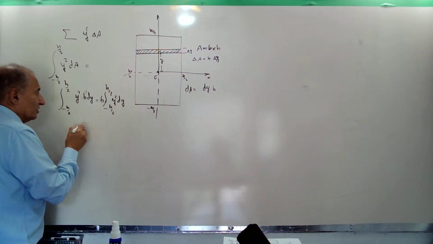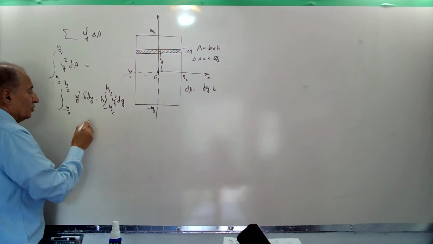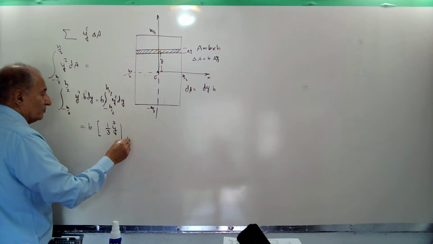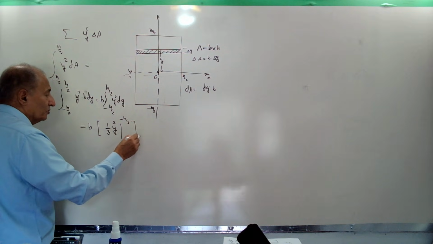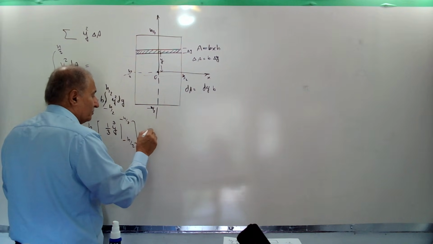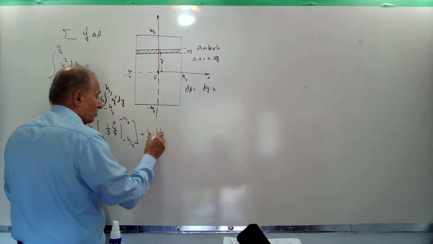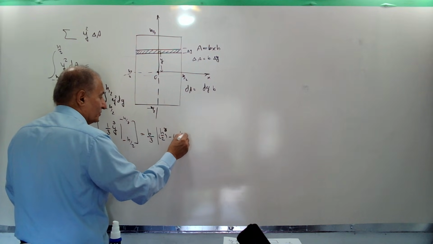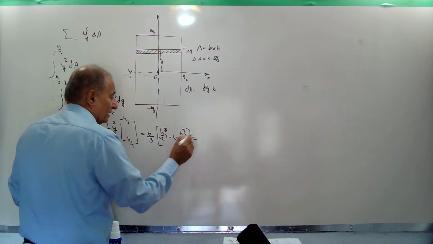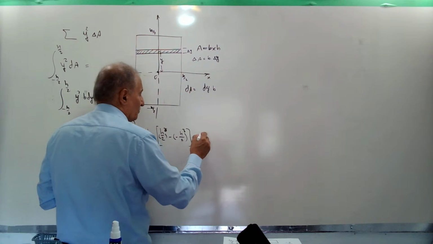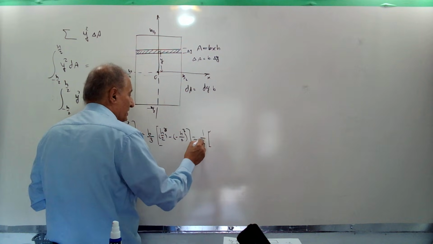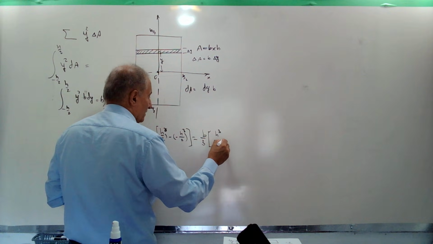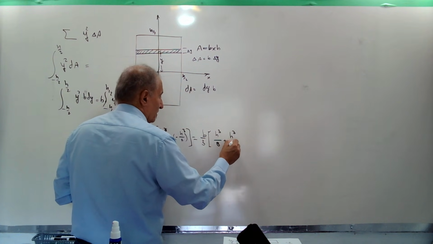And you know the integration of y squared dy is equal to 1/3 of y cubed, evaluated from minus h over 2 to h over 2. Then b over 3 times (h over 2) cubed minus (minus h over 2) cubed, and this is equal to 1/3 of b times h cubed over 8 plus h cubed over 8.